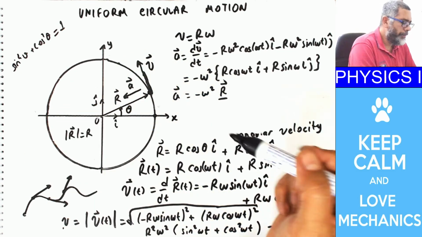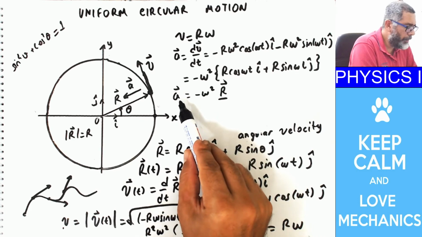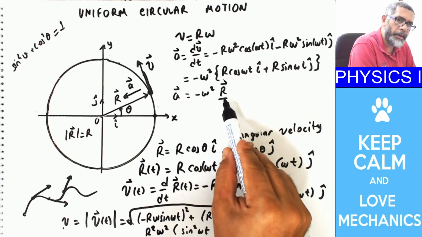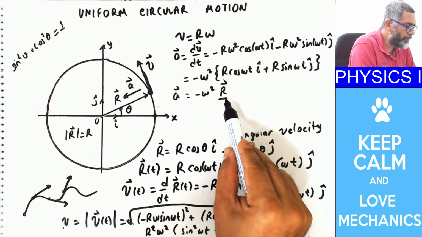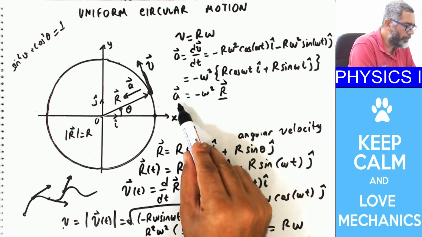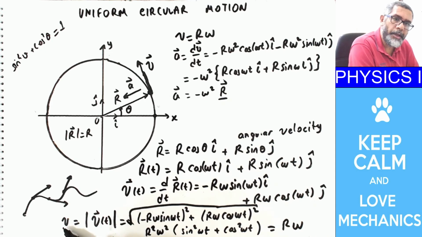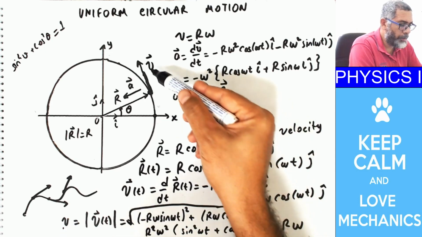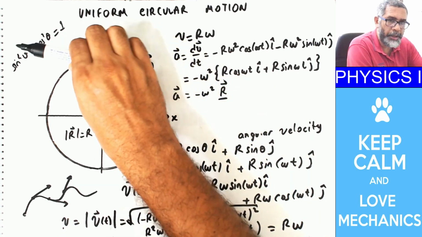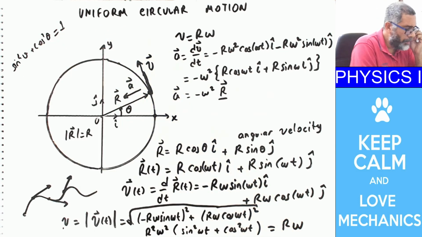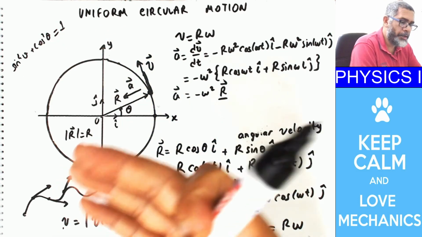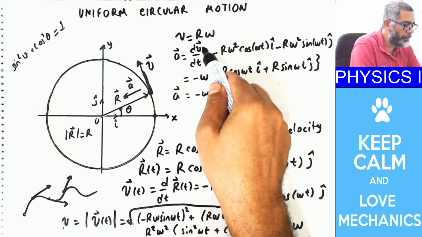So you see, the first thing is that the acceleration is not zero, although the speed is constant. The velocity vector is not constant, it's always changing its direction. That means there is some measurable change in the velocity vector.